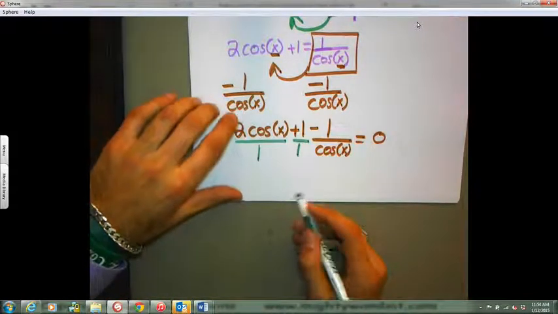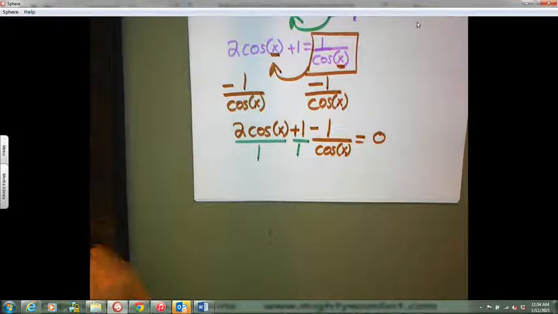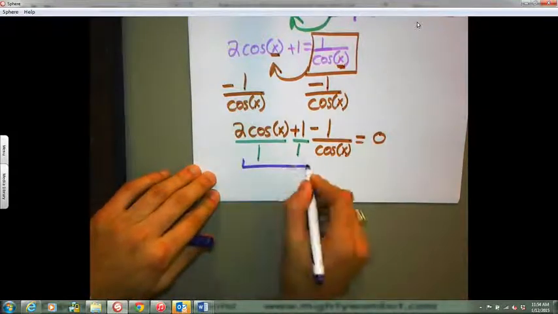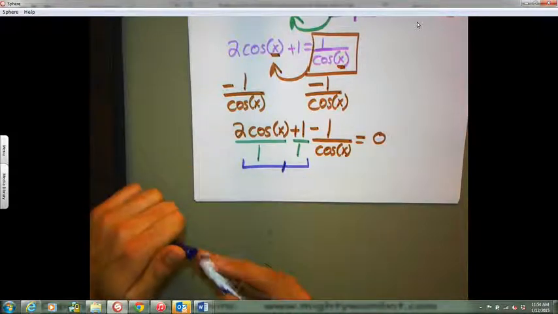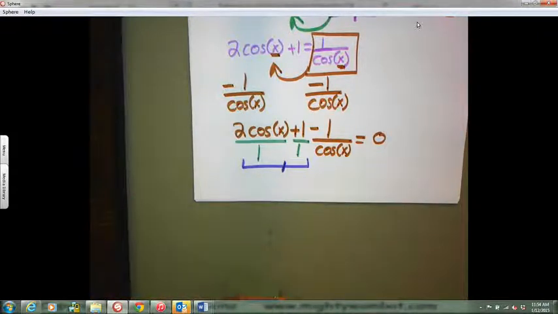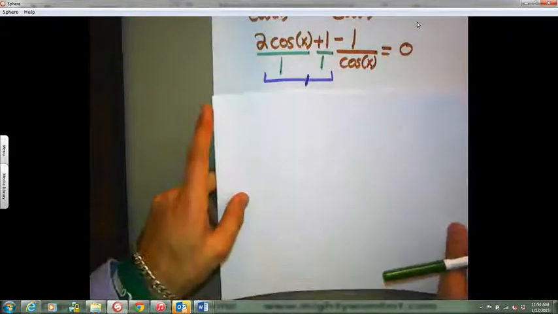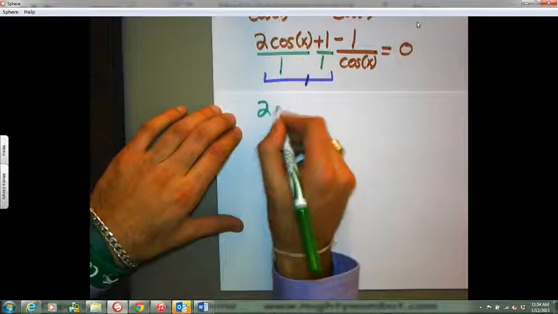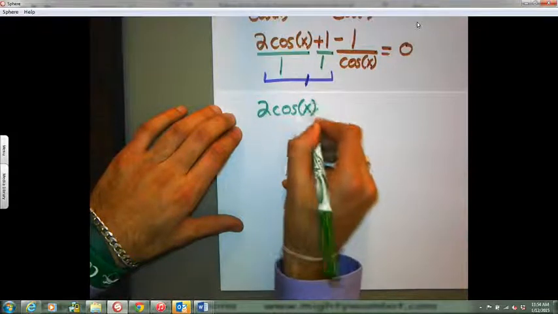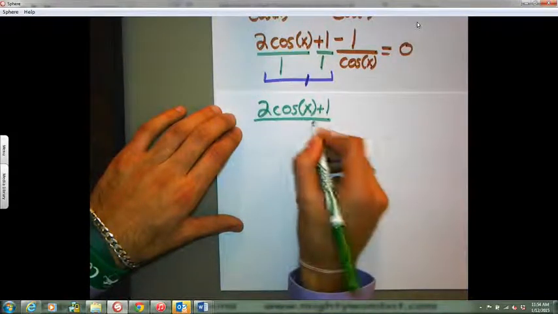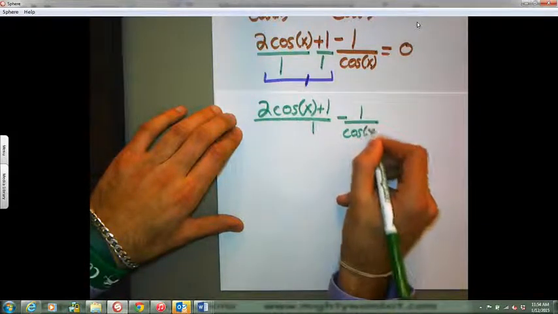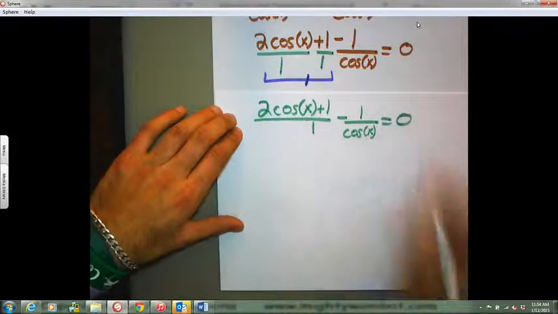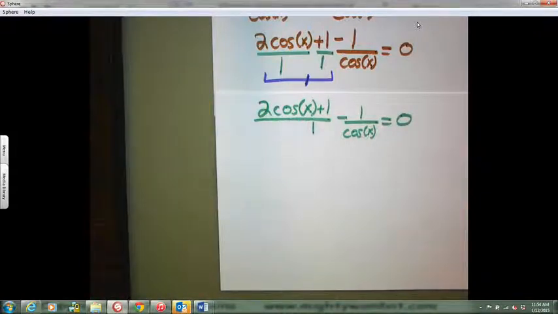So I'm going to start off by combining these two. These are really easy to combine because they both have a denominator that's already the same. So let me go ahead and combine those on the next page. So if we combine those, we will get this.